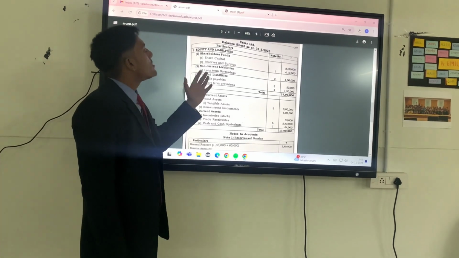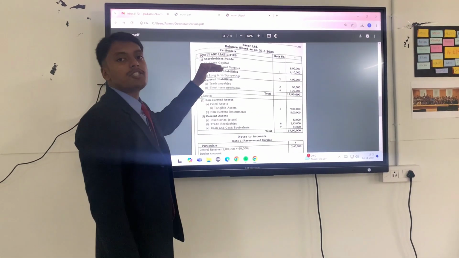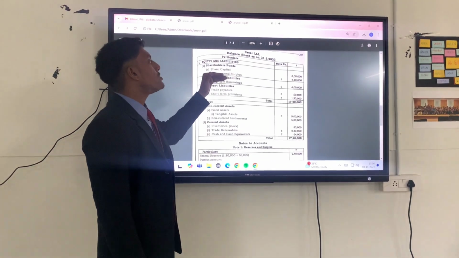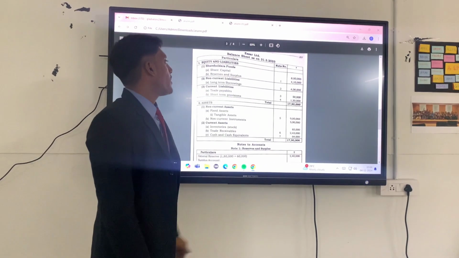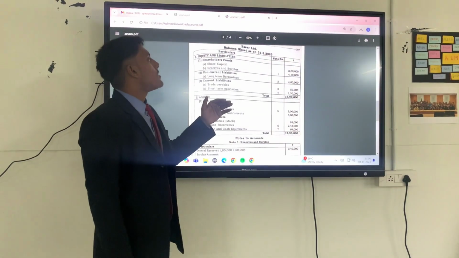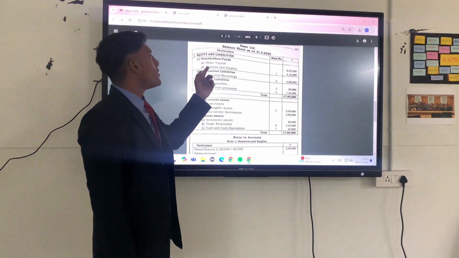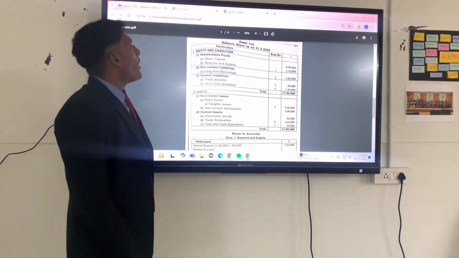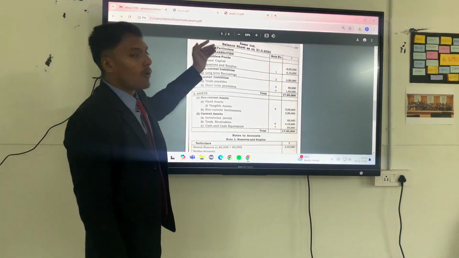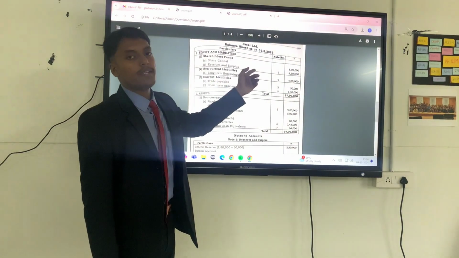It's the balance sheet, and as with the profit and loss account, at the top of the balance sheet we have to keep the heading Balance Sheet as of 31 March 2023. Then there are three columns as in the profit and loss account: particulars, note number and amount column. In the particulars column, first we show equity and liabilities.